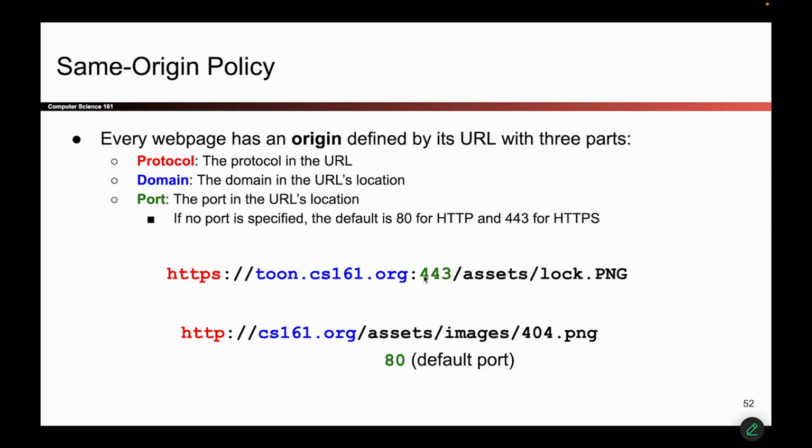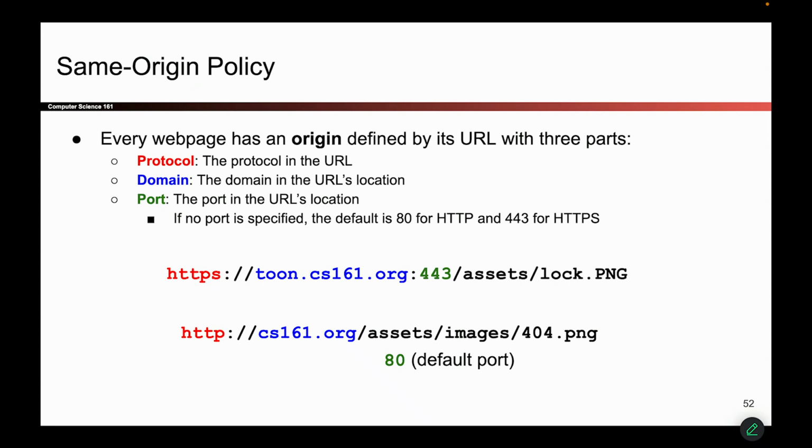And the number disambiguates which web service you're thinking about. And if there is no port, by the way, the default numbers are 80 for HTTP and 443 for HTTPS. That's something we'll see later in networking too. But for now, something you can just write down on your cheat sheet and know to be true. So that's how you determine the origin of a website.